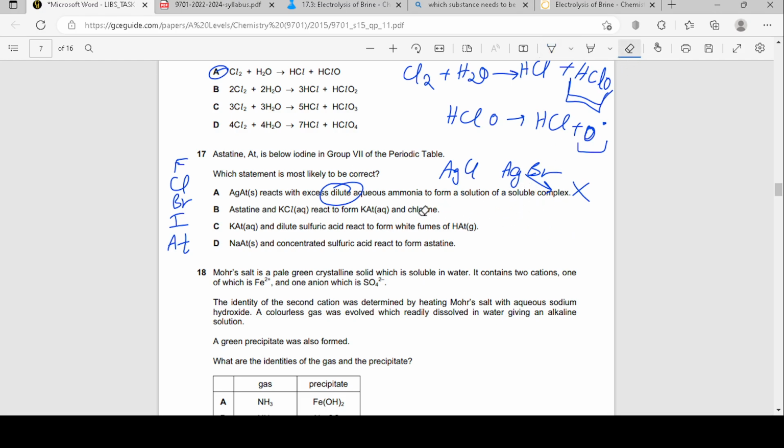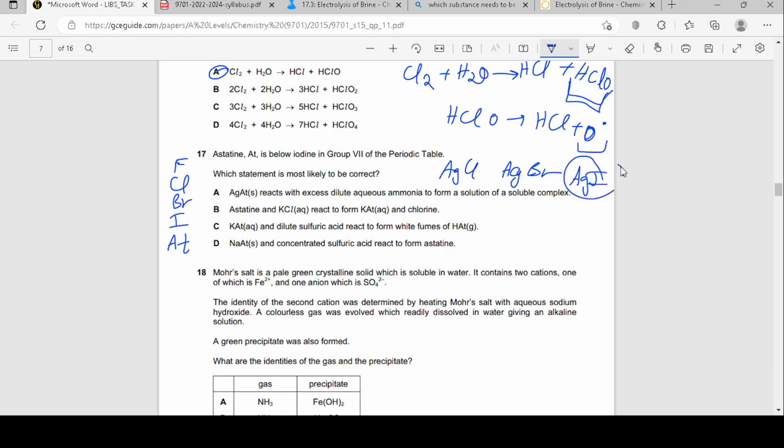But if it's concentrated aqueous ammonia, then you will get [Ag(NH3)2]Br. But AgI will not give you a complex with either dilute or concentrated ammonia, because it's not going to form the complex.